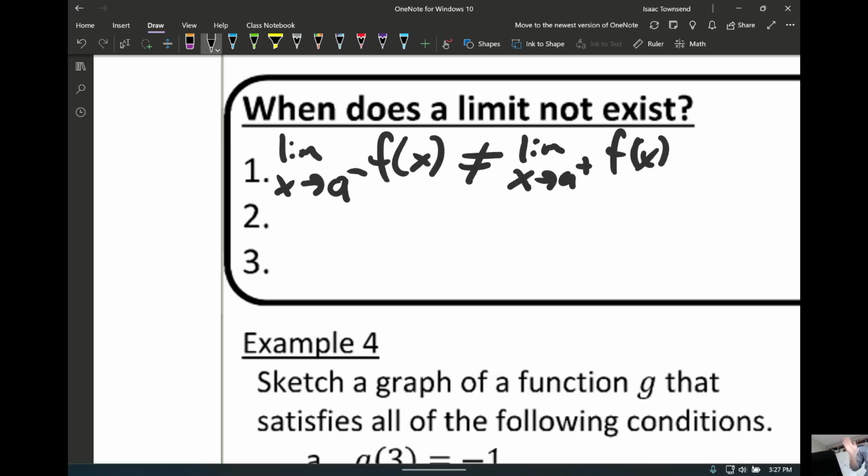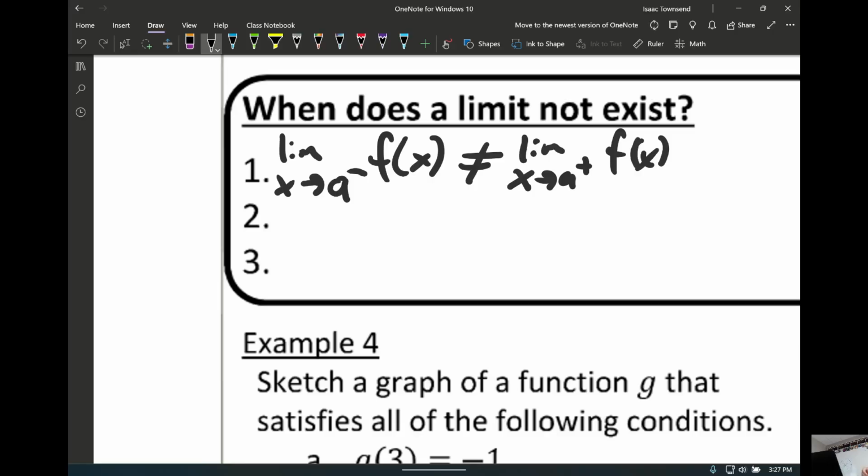It works as if the limit from the left doesn't equal the limit from the right, it does not exist. Now again, this is a math way to say the same thing that she said verbally, but on FRQs, if you had to justify why this limit does not exist, you either need to be comprehensive enough in your verbal explanation, which is usually problematic, or just say this. This is the math way of saying whatever it is from the left wasn't the same as from the right. That's sufficient.